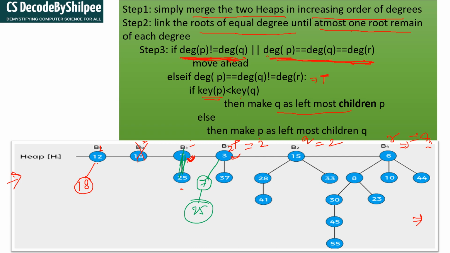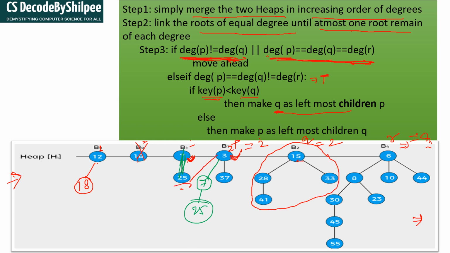Then you have to check the root value. P's root value is 3 and Q's root value is 15. So P's root value is lesser than Q's root value. Then what will you do? Make Q the leftmost child of P. So the complete Q tree becomes the leftmost child.